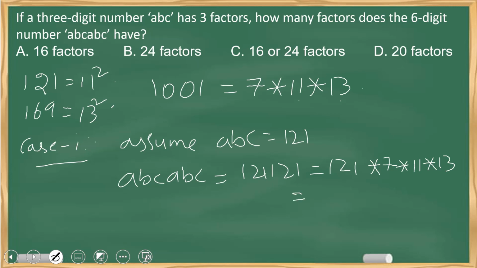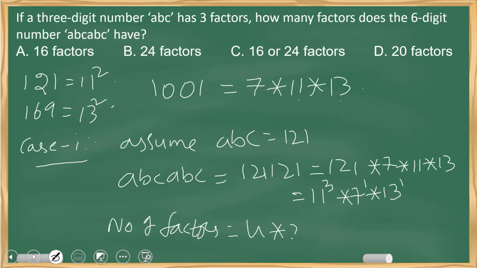That is equal to 11 cube into 7 power 1 into 13 power 1. You got the point here? Now the number of factors is equal to (3 plus 1) into (1 plus 1) into (1 plus 1), which is 4 into 2 into 2. So that is equal to 16 factors. Got the point?